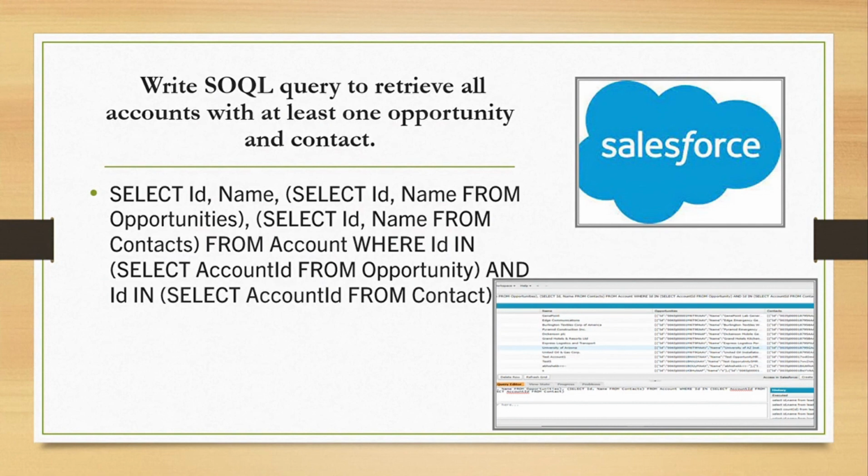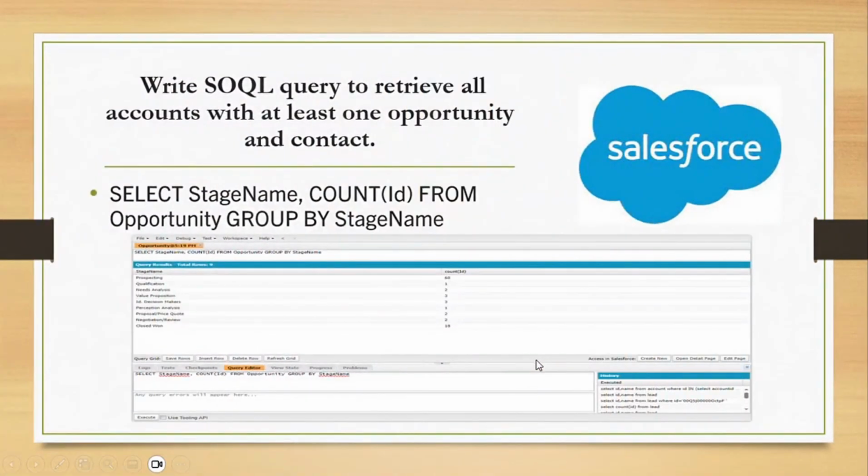Select Id, Name, (select Id, Name from Opportunities), (select Id, Name from Contacts) from Account where Id in (select AccountId from Opportunity) and Id in (select AccountId from Contact). So here we retrieve all accounts with at least one opportunity and contact, as you can see.